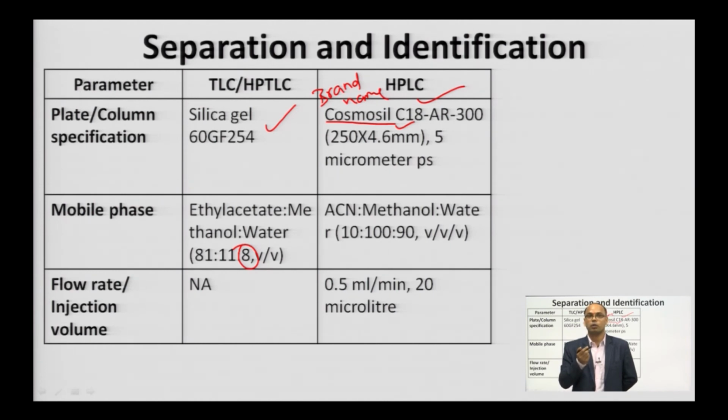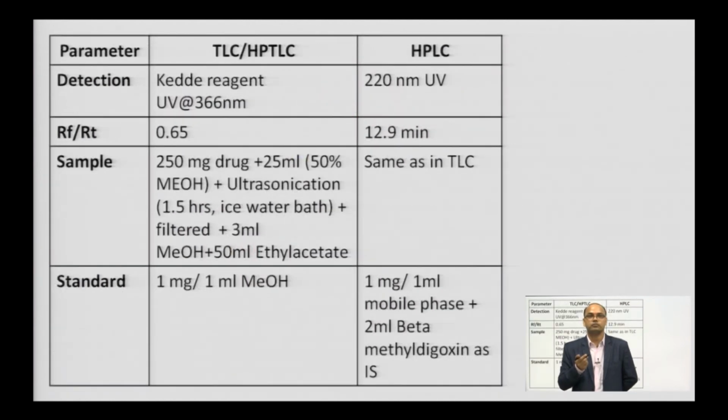The flow rate of the mobile phase through the HPLC column was maintained at 0.5 ml per minute, and the injection volume was 20 microliters. The detection of our phytoconstituent in the HPLC was at 220 nanometer. The UV detector was set at 220 nanometers.